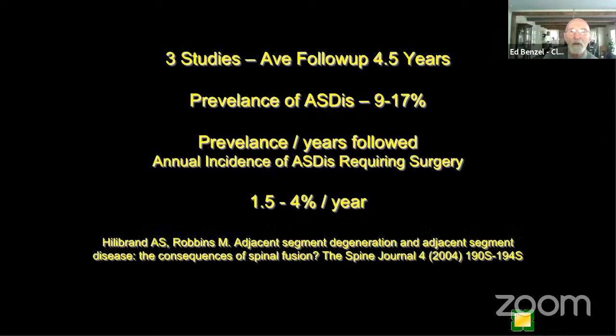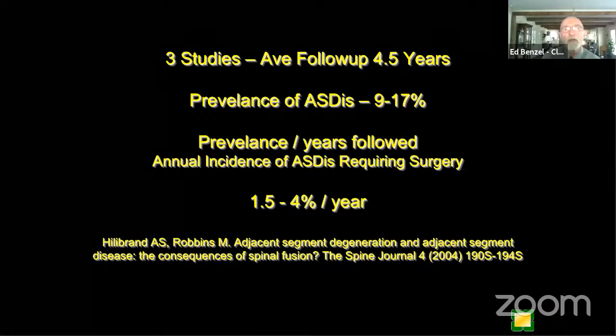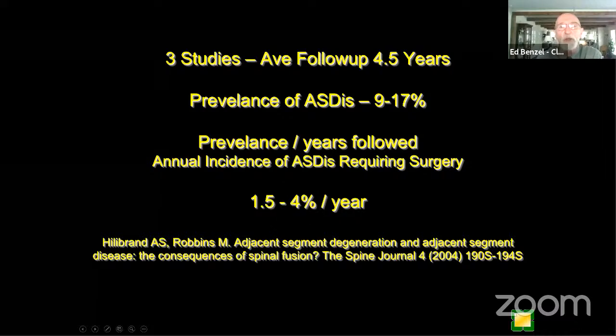So Hilibrand et al. from Philadelphia did a number of studies looking at ACDF and adjacent segment disease, and found that there was somewhere between a 1.5 and 4% rate of adjacent segment disease.